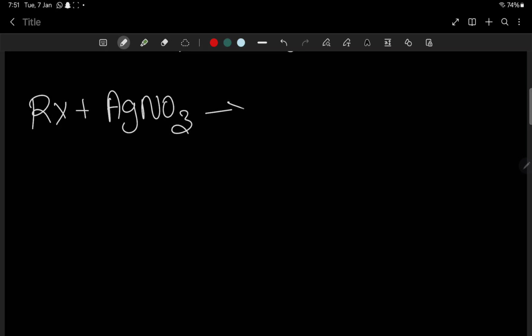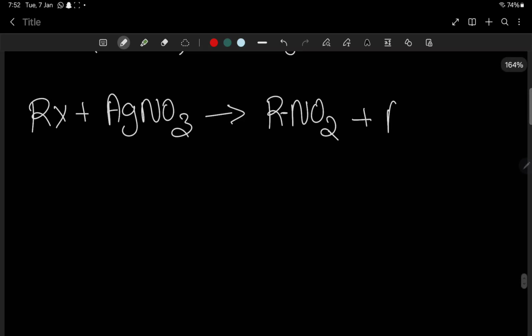Another important one is RX plus AgNO2, silver nitrite. Here we get RNO2, that is nitroalkane, plus AgX.